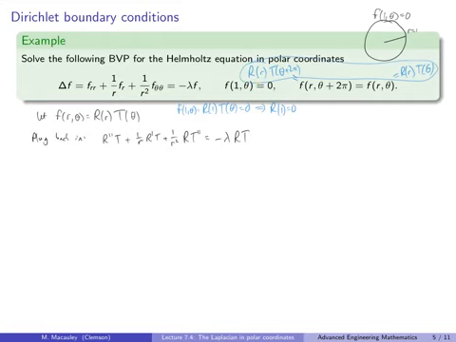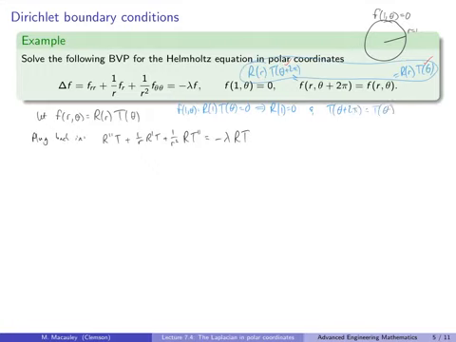So this function times T of theta plus 2 pi equals the same function times T of theta. So what do we conclude? We conclude that T of theta plus 2 pi equals T of theta. So let's write that down.